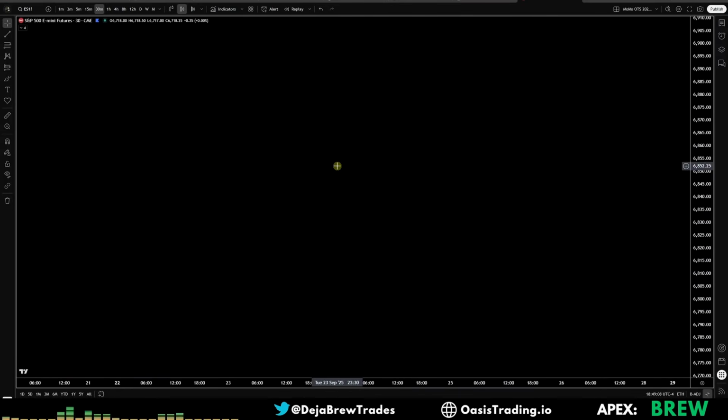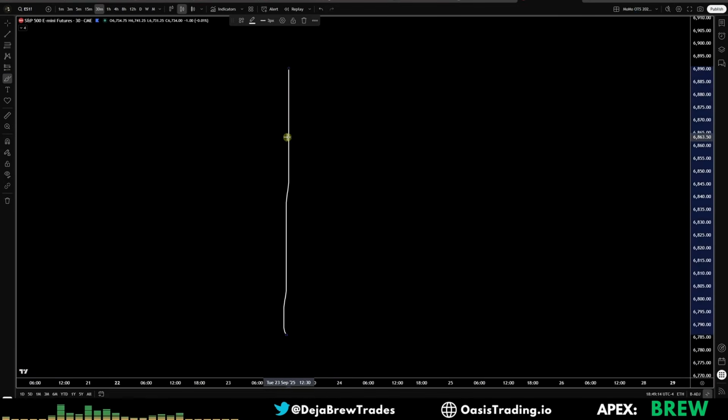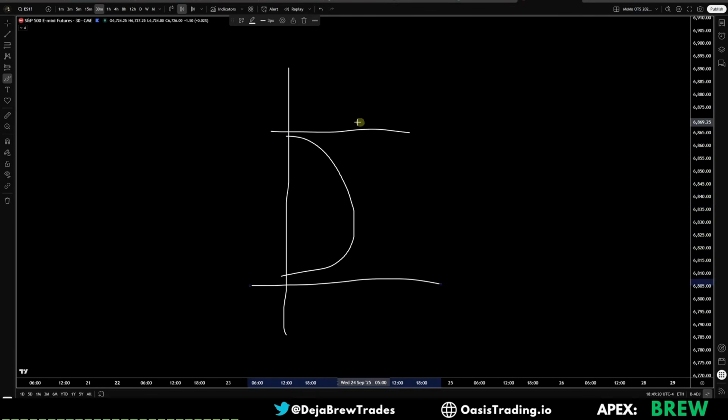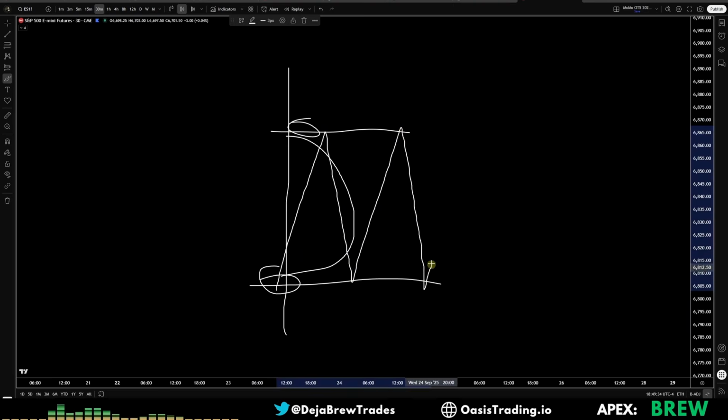So with a failure to rotate, what are we talking about? So normally we have a volume profile where we have a section of value. We have the value high, the value low. We have the upper tail, lower tail, etc. And when you are rotating, when you are going from one side of the value area to the other, that is a rotation. You are moving from one side to the other.